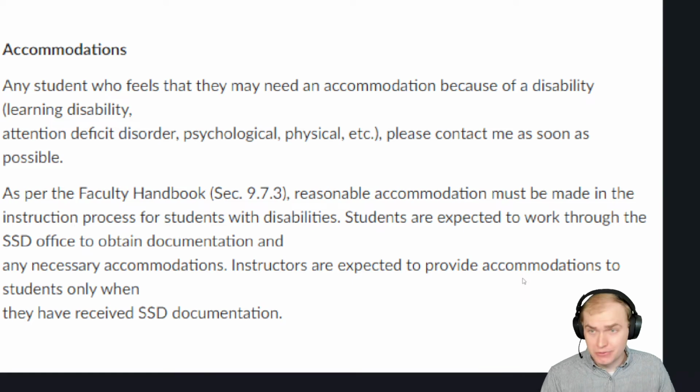Accommodations. Any student who thinks they need, feels they need, or knows they need accommodations because of a disability, contact me as soon as possible. Get in touch with the SSD office, and make sure that I get some SSD documentation about that.